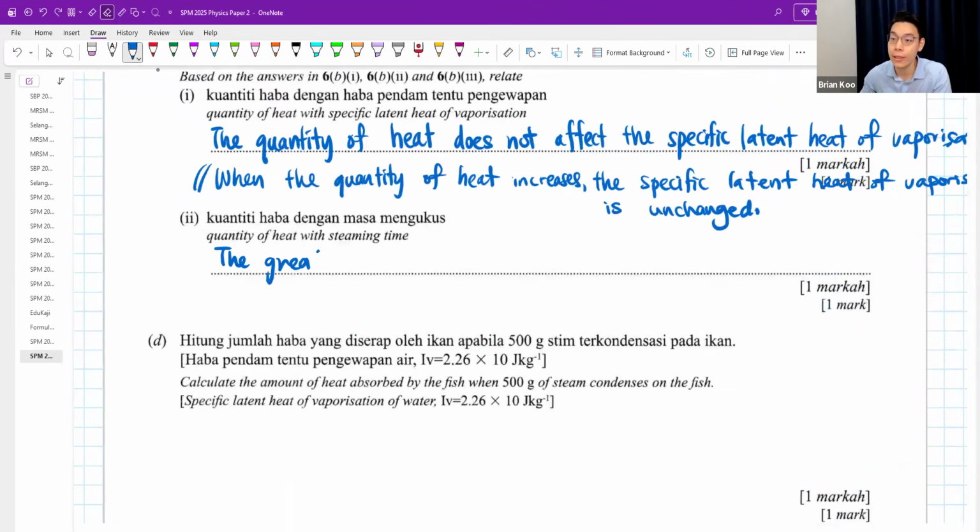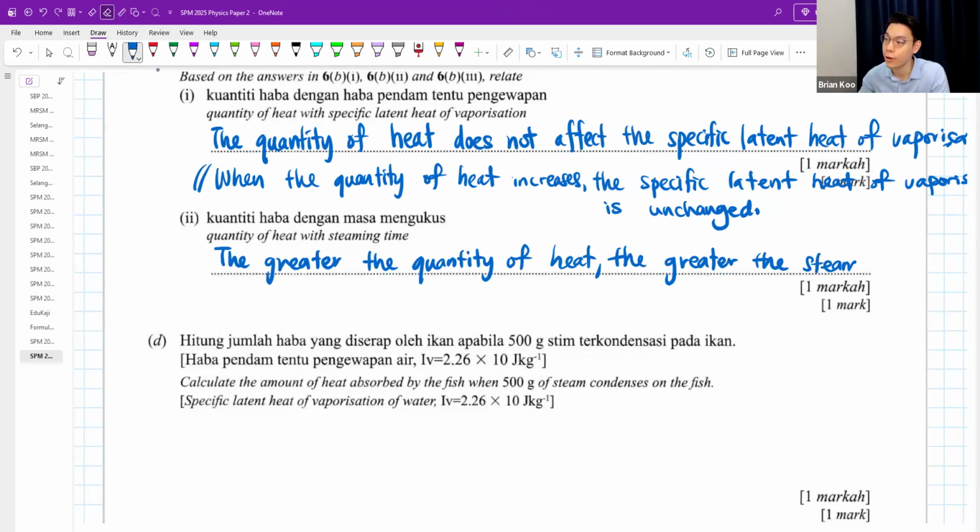The greater the quantity of heat, the greater the steaming time. Or you can write increase also can. As the quantity of heat increases, the steaming time increases. This is depending on my answer. Okay, you can follow your answer.